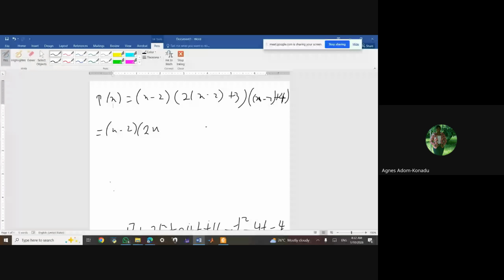Please expand this one for me. 2x minus 1. So please expand this one too for me. x plus 2. And this is the final answer we are supposed to get.